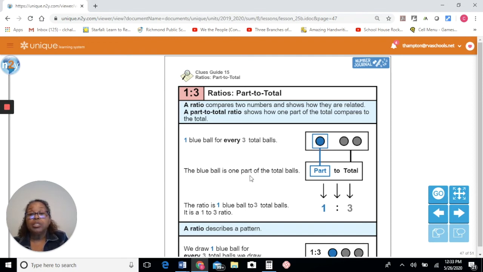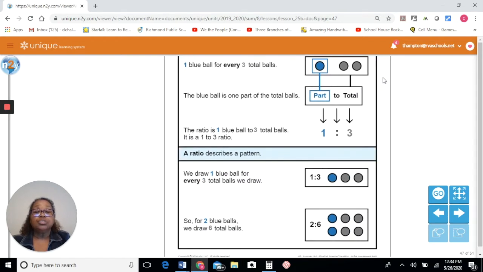The blue ball is 1 part of the total balls. So 1 is blue. The total is 3. 1 to 3. When you see this colon, you say "to." 1 to 3. The ratio is 1 blue ball to 3 total balls. It is a 1 to 3 ratio, and this is how you write a ratio, 1 to 3, just like that. Okay, so now let's see.